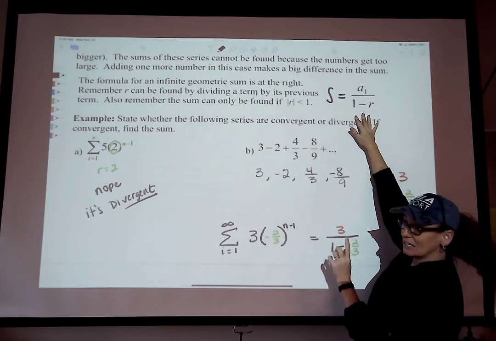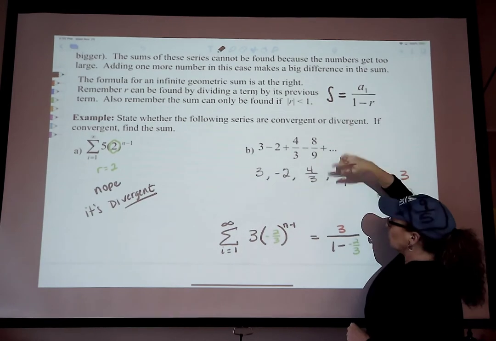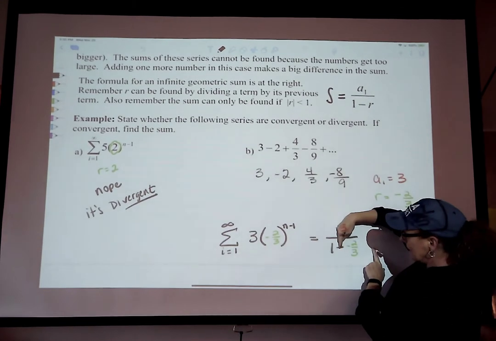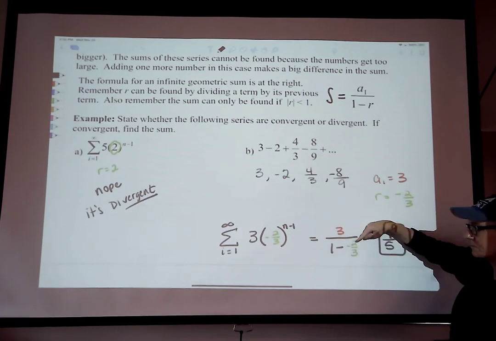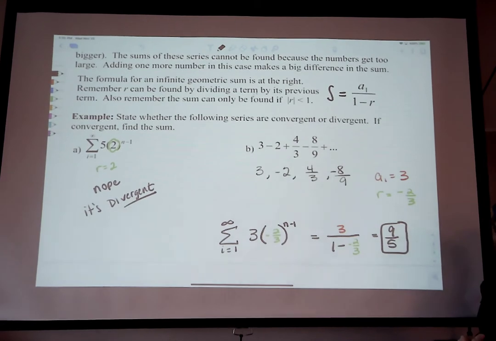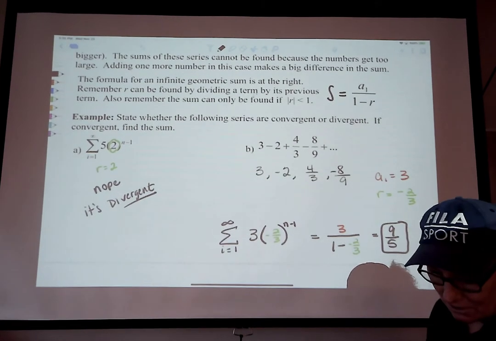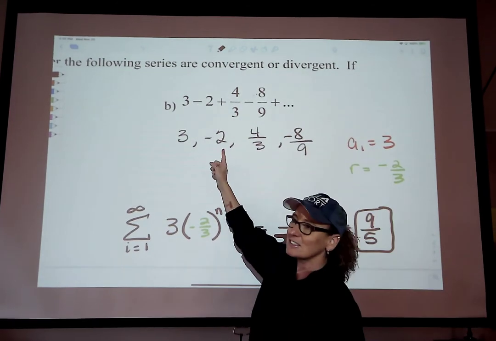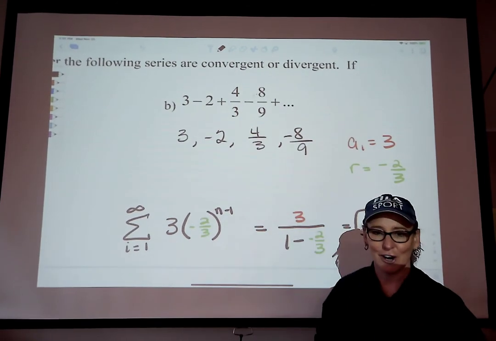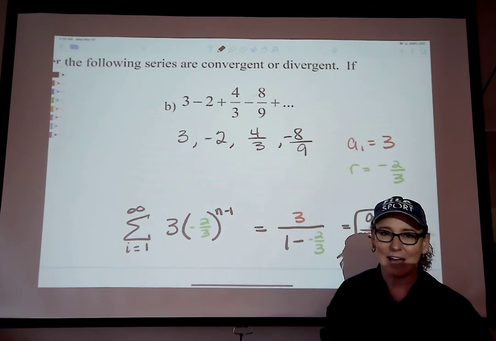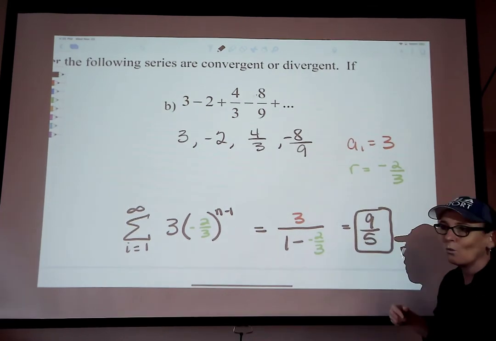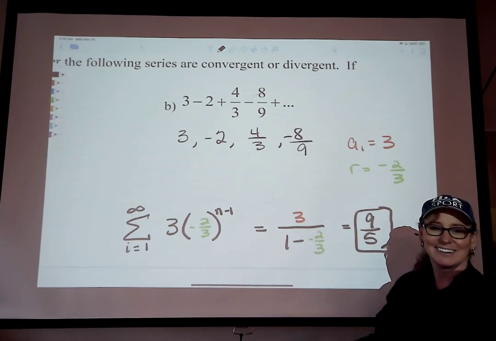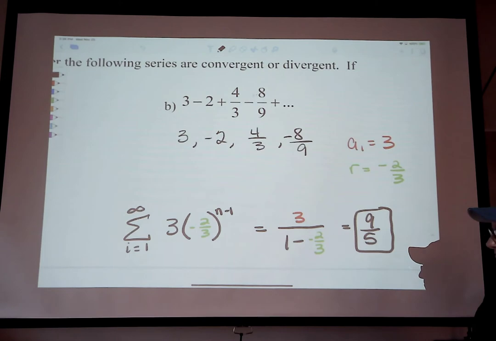The formula says, if it's doable, you take a sub 1 divided by 1 minus R. And you get 9/5. Isn't that kind of wild? This list of numbers goes on forever, and you can add them all together and get 1.8. That's kind of cool.